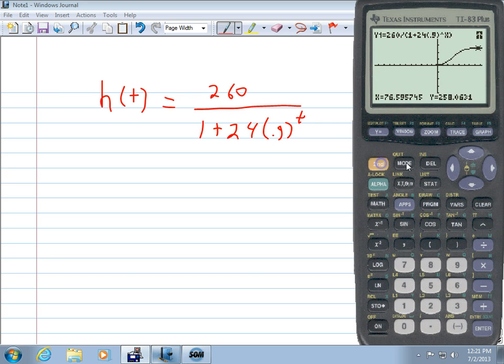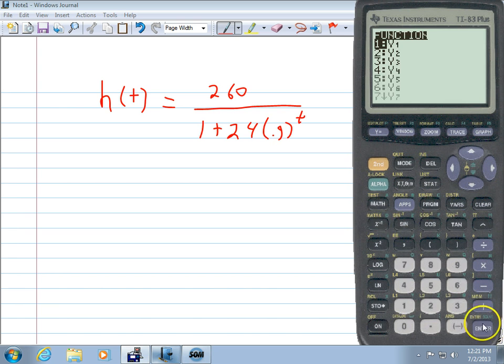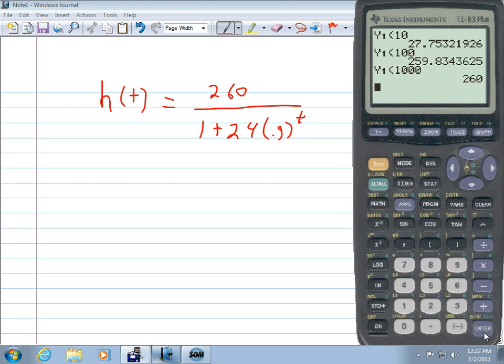I don't know if that's good enough. Quit this. On the home screen, let's plug in some values. Vars, Y-Vars, function 1 of 10 days, of 100 days, of 1,000 days. What's going on? Of 10,000 days.